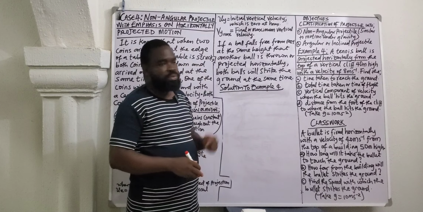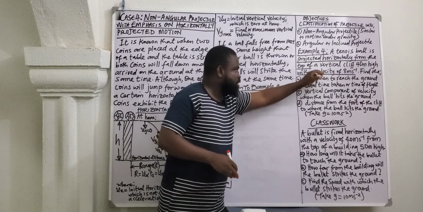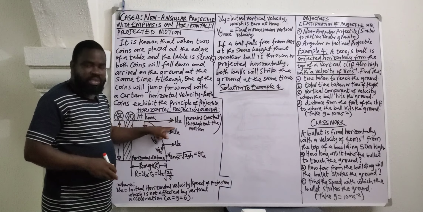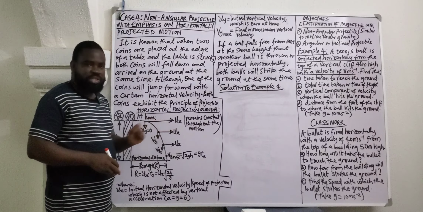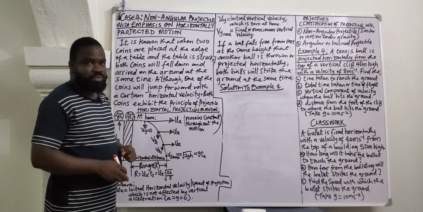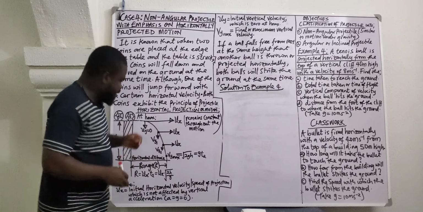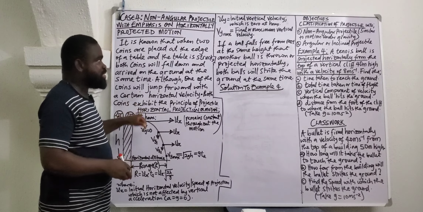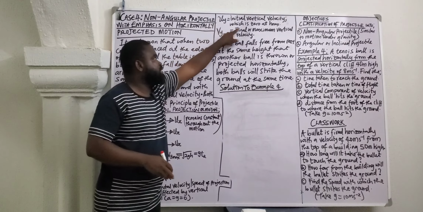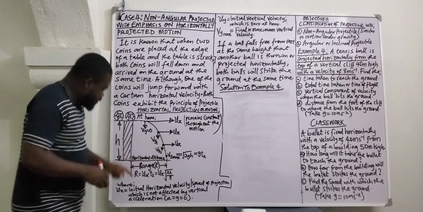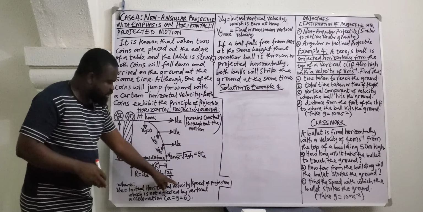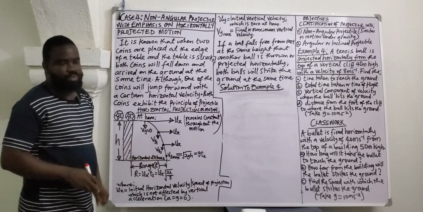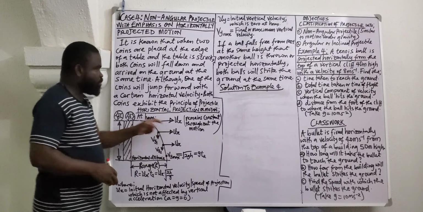No. That velocity that you are given is the horizontal component of the initial velocity of projection. It is not 0. Good and fine. Like I said, it is the vertical initial velocity, Uy, that is 0 at the maximum height. The initial horizontal velocity or speed of projection is not 0. That is the one that you are given.